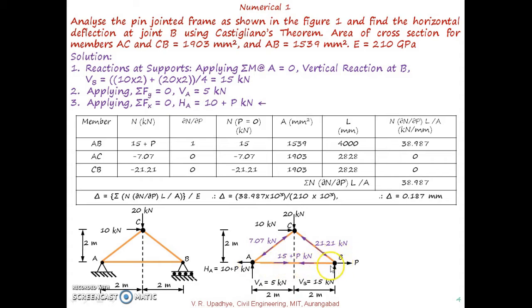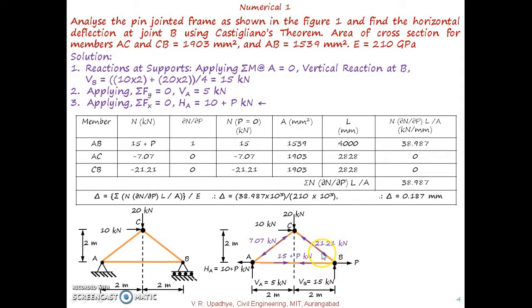Again, if we consider joint B, and by using method of joints we go for finding the internal member forces, so AC is now known to us, AB is known to us. At B, we need to calculate the internal member force in member BC.